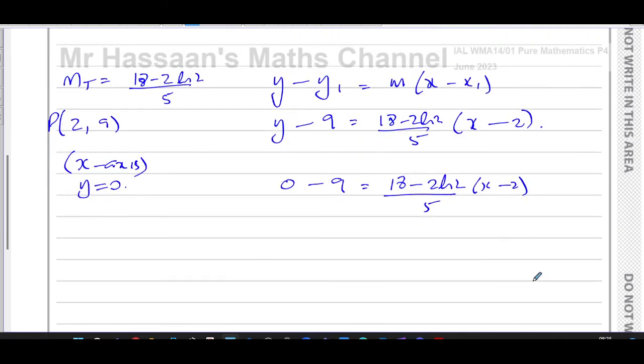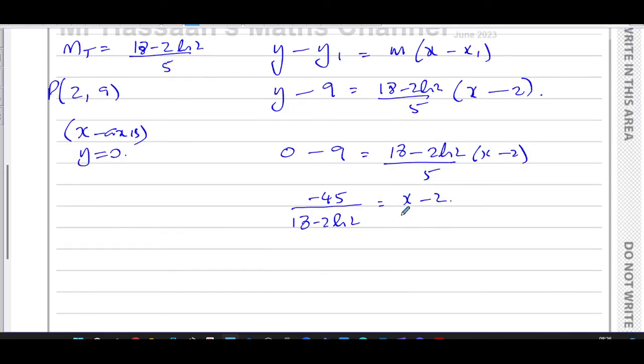I can multiply both sides by 5 and divide both sides by 18 minus 2 ln 2, so I have minus 45 over 18 minus 2 ln 2 is equal to x minus 2. I can add 2 to both sides, so minus 45 over 18 minus 2 ln 2 plus 2 equals x.